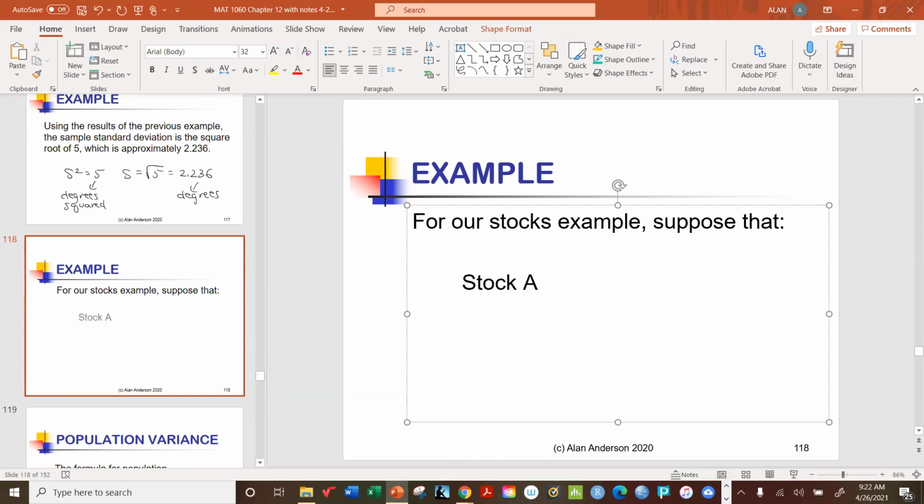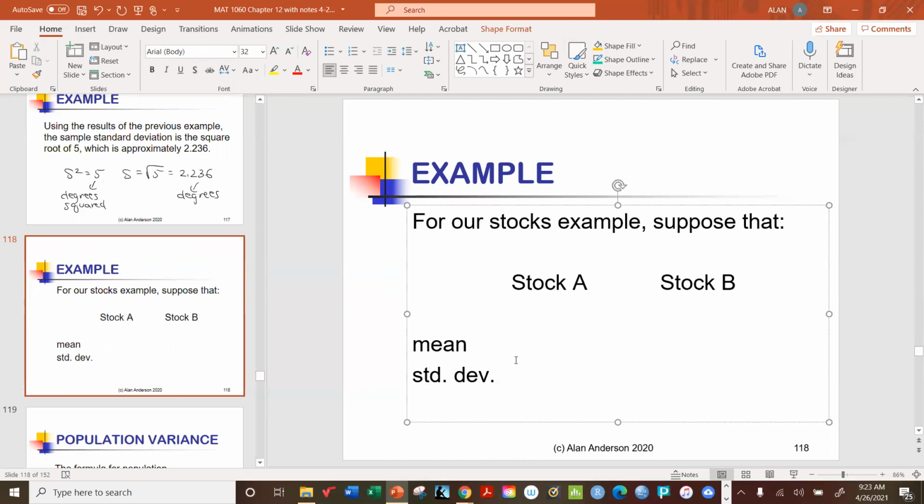Here's stock A, stock B. Mean, standard deviation, I'll abbreviate that STDEV.